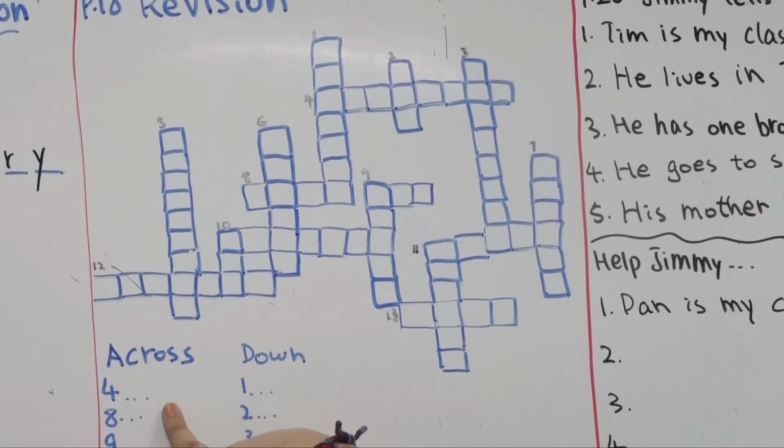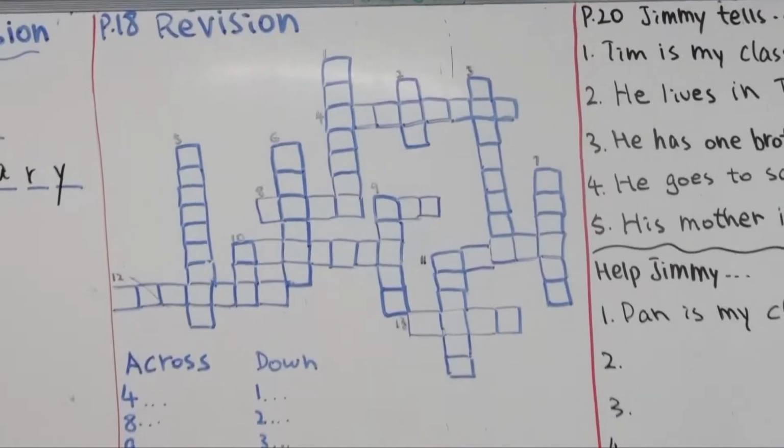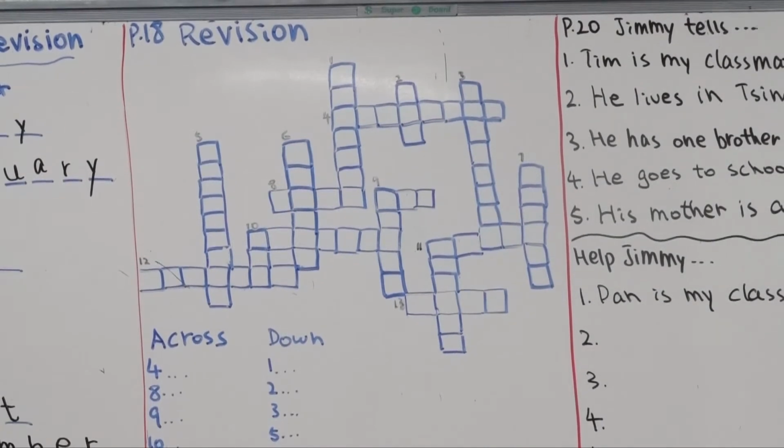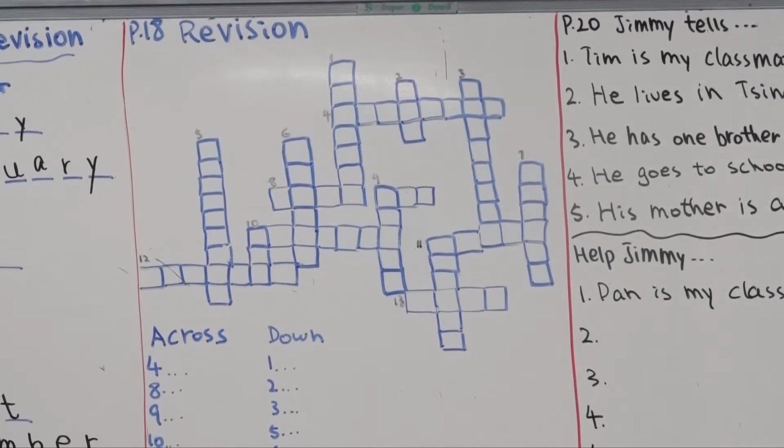Month number 11 is 5, 4, 3, 2, 1. Which one is it? November. Good job. November.